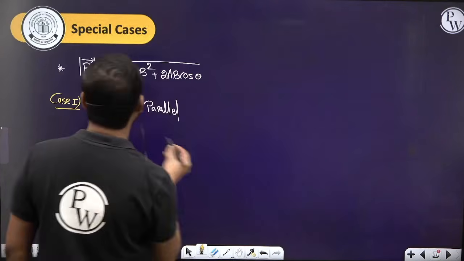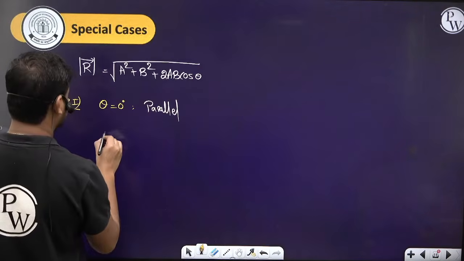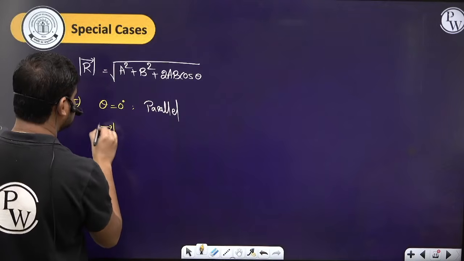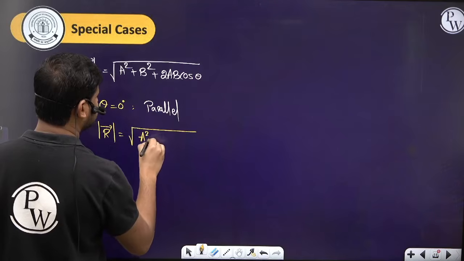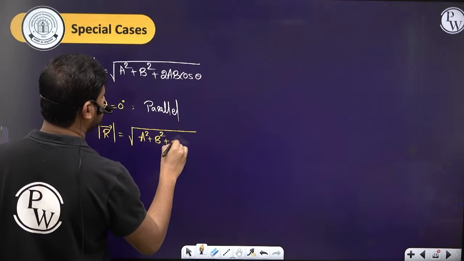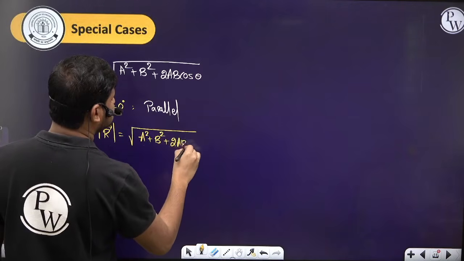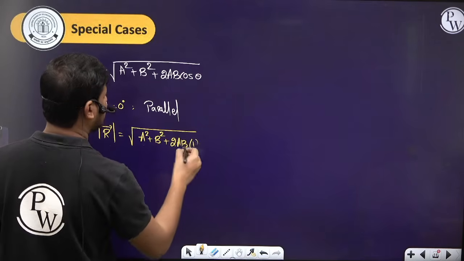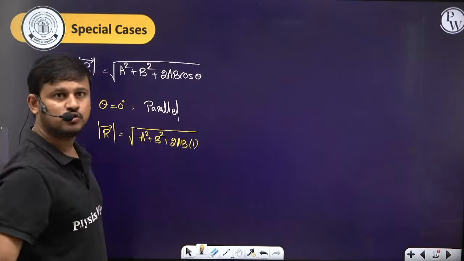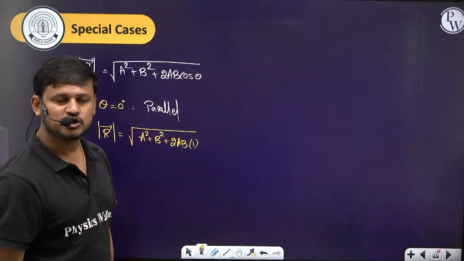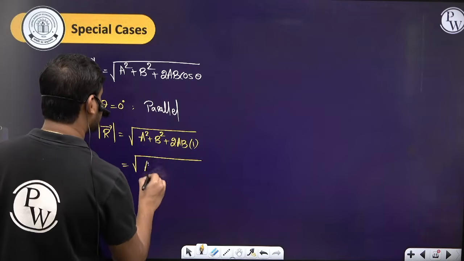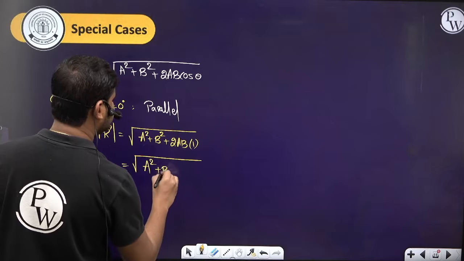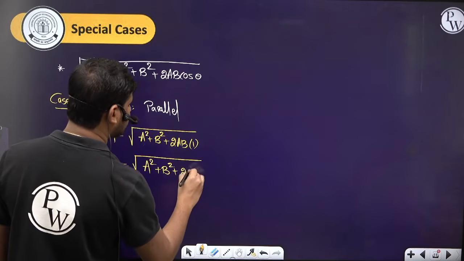So if theta is 0, you substitute theta as 0. Then what happens? The magnitude of the resultant will be equal to the square root of A square plus B square plus 2AB cos 0, and cos 0 is going to be 1. So it is the square root of A square plus B square plus 2AB.